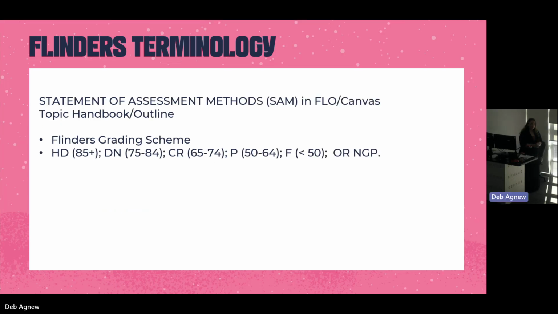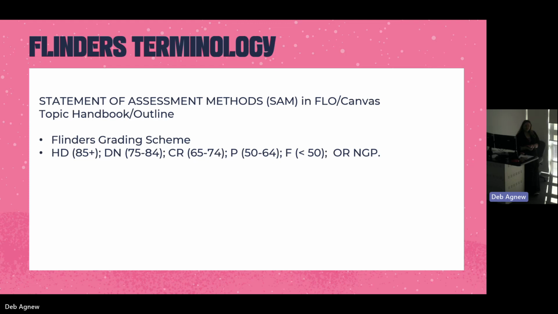Each of your topics will have a statement of assessment methods, and that's our legal document for what your assessments are. It will tell you what type they are, and it will refer you to Canvas or Flow for further information. But if you're not sure what you have to do to meet the requirements of the topic assessment-wise, you can go to the statement of assessment methods for each topic.